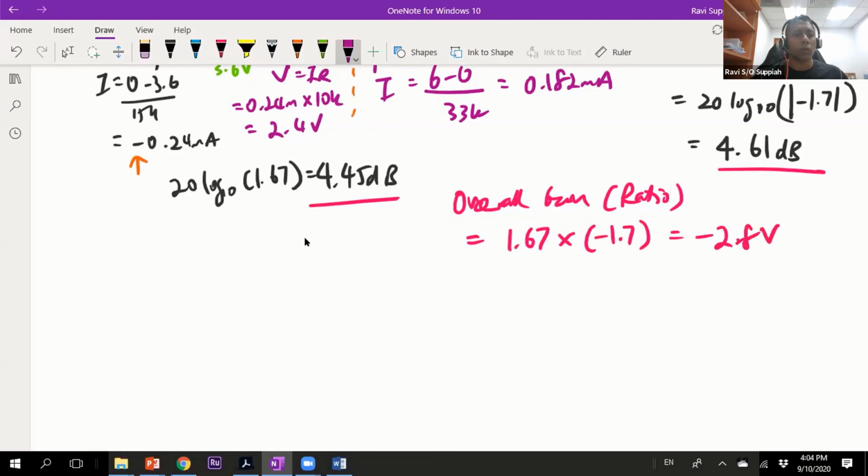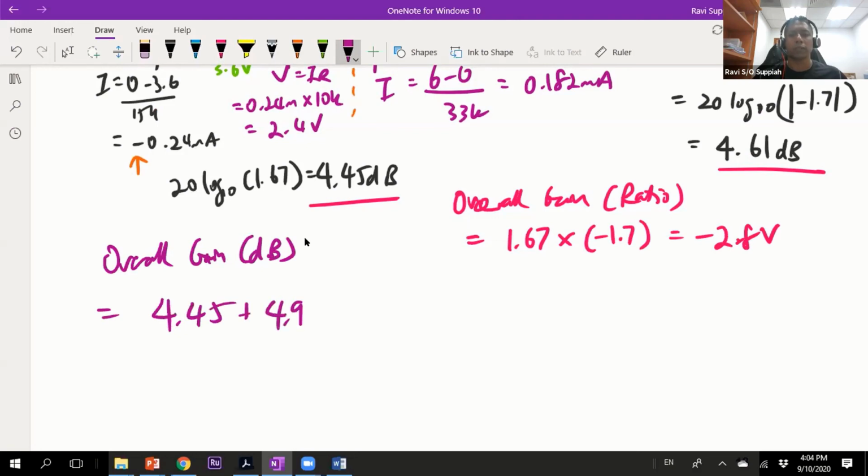But if I want to get the overall gain in terms of decibels, then I add them together. So it is 4.45 added with 4.661, and I'll get 9.07 dB.